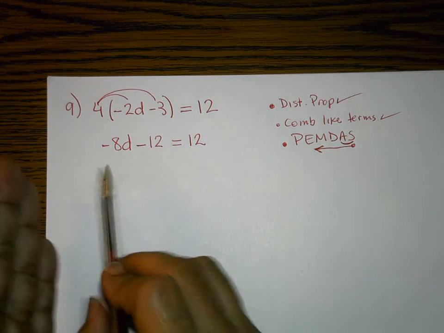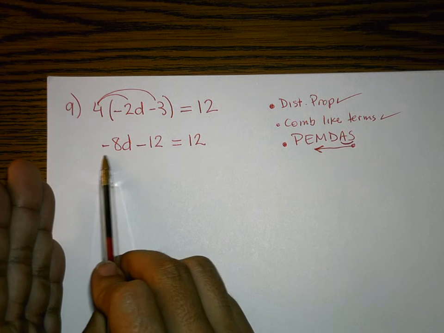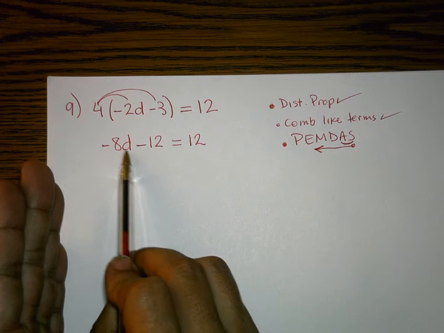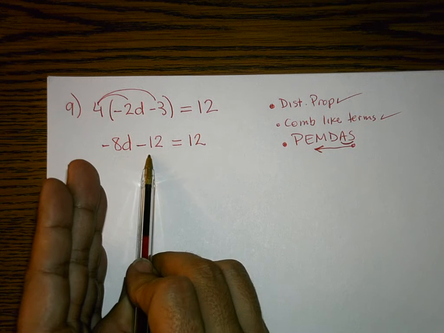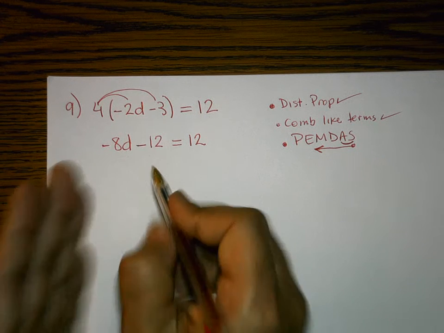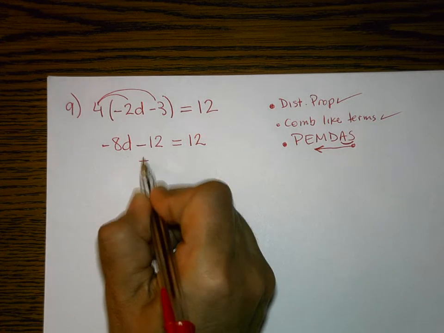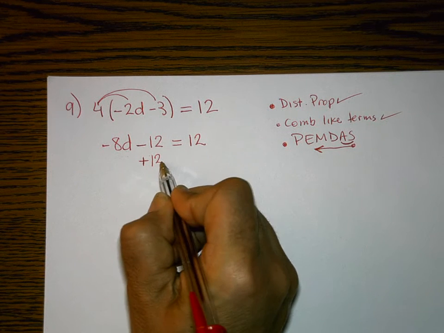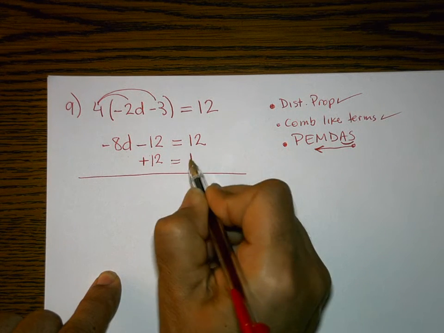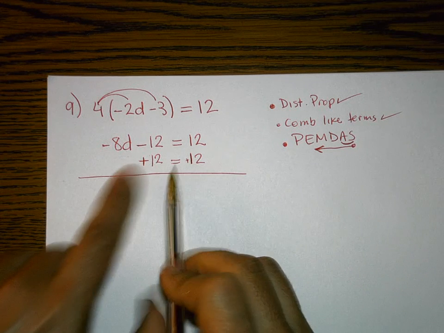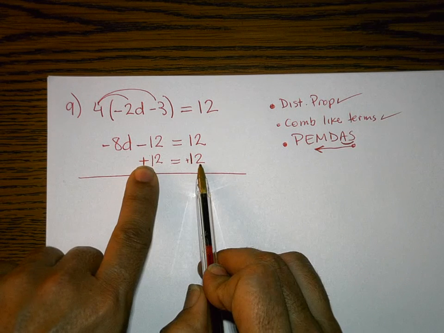I'm going to do addition or subtraction, whatever comes first. I'm going to read from left to right, and I'm going to go, okay, I'm trying to get this D all by itself, so let's leave it alone, and let's undo the negative 12. So I'm going to add positive 12. If you add it to the right, you better add it to the left as well, plus 12. Okay? So this positive 12 here, positive 12 here.